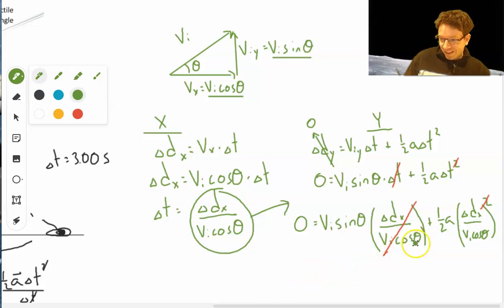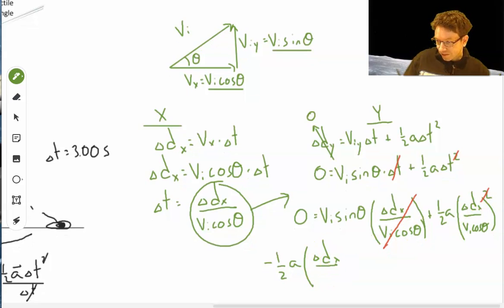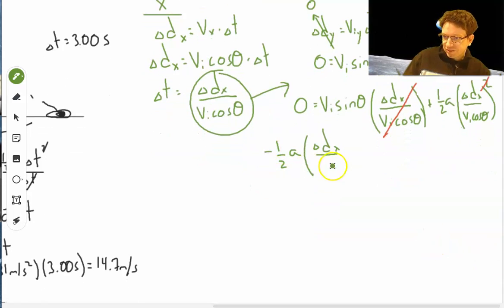So now this leaves us with, I'm going to bring this whole term to the other side. So I'm going to have minus 1/2 a times delta dx over vi cos theta equals vi sine theta.